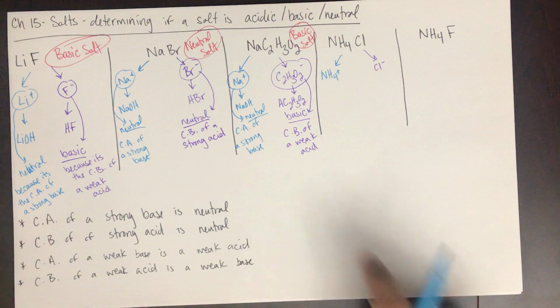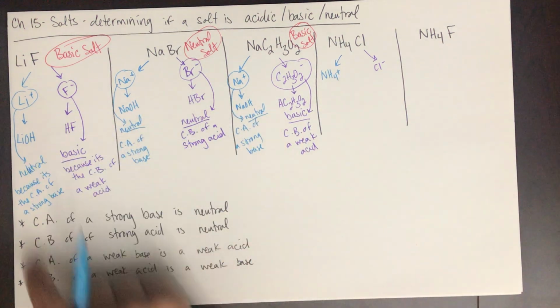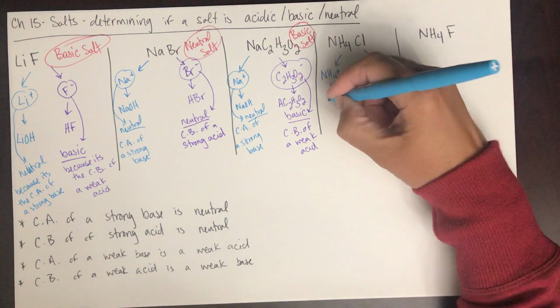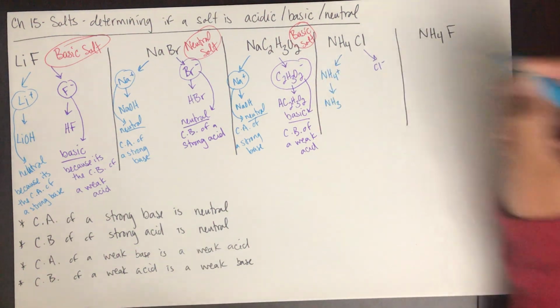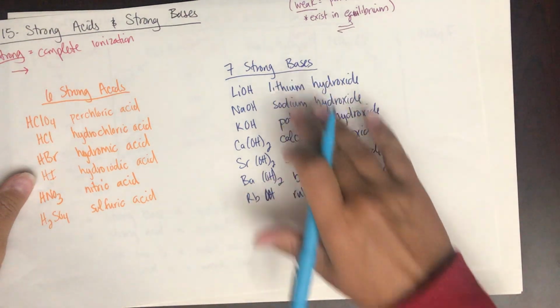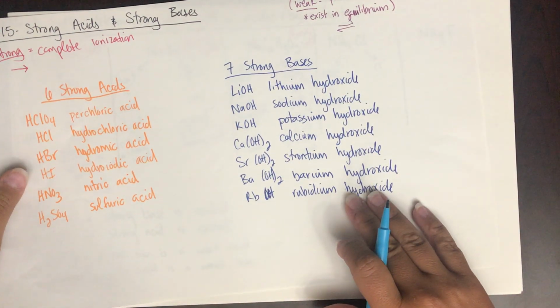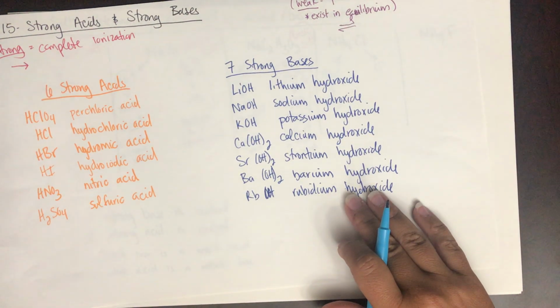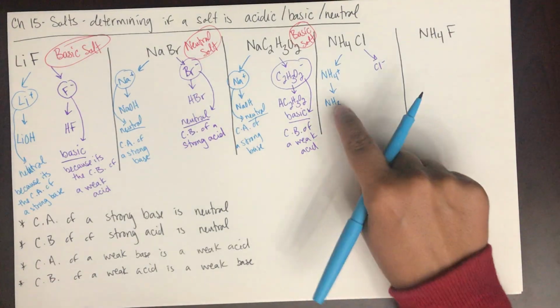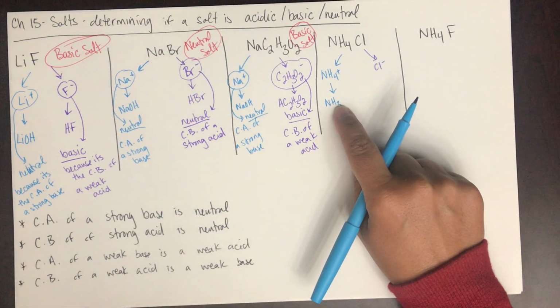that we usually write bases, where we usually just add an OH at the end. The ammonium ion is actually the conjugate acid of ammonia, NH3. Ammonia is a base. It is a weak base because ammonia, NH3, nitrogen trihydride, ammonia is its common name, is not on this list of strong bases, which means ammonia is a weak base.